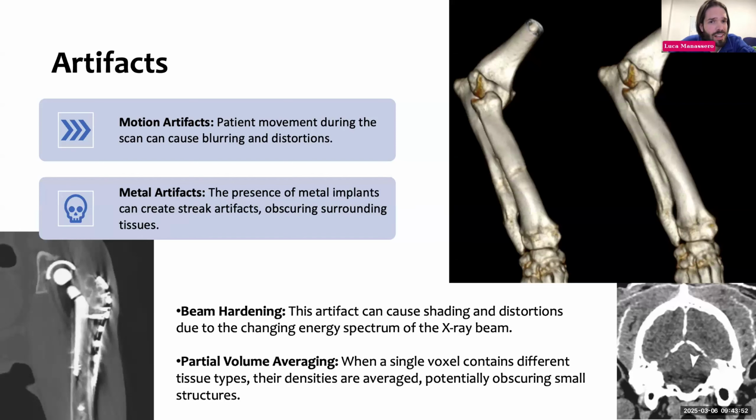Here we have a common mistake, a motion artifact on the radius. You see the radius has a small step, and this is just a breathing artifact.